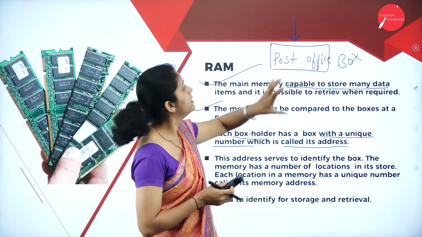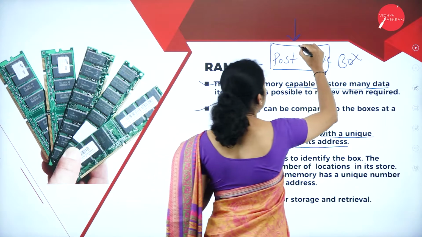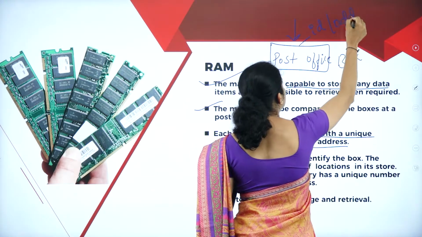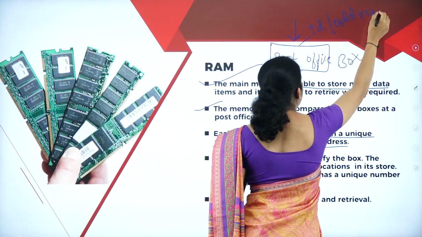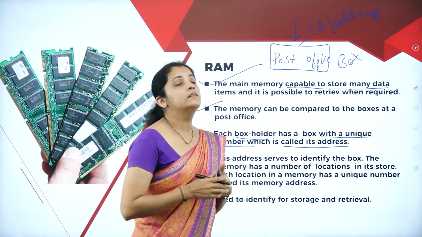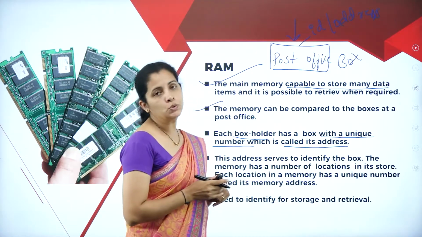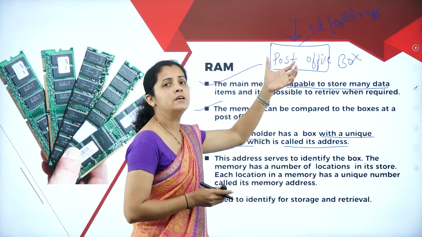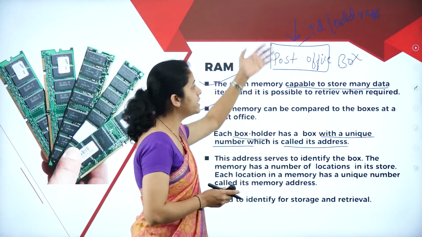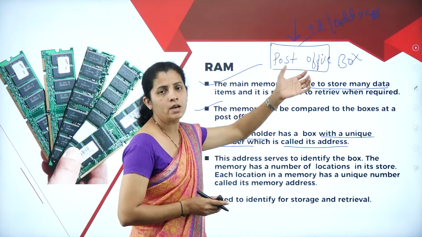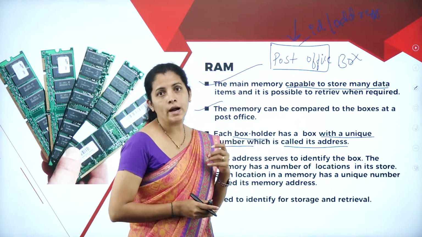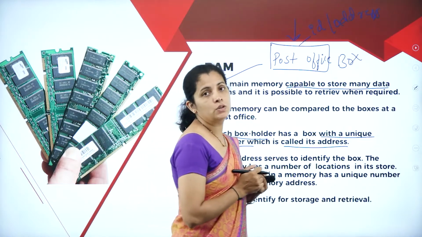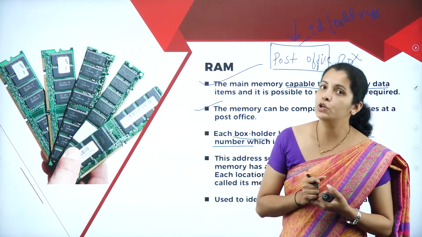It is identified by a unique ID that is called the address. Now, this address is used to identify the box. In a post office there are so many members, and they have their own post office boxes. But how can they identify them? Based on their address. Here the address is used to identify the box uniquely.